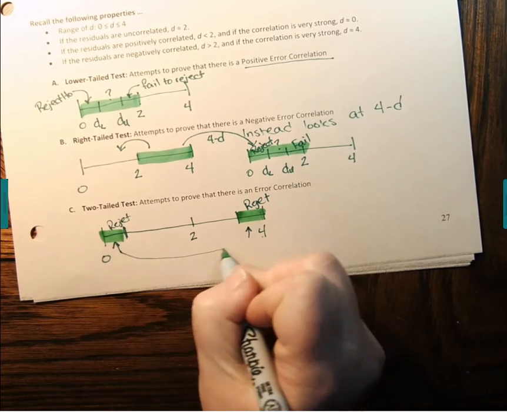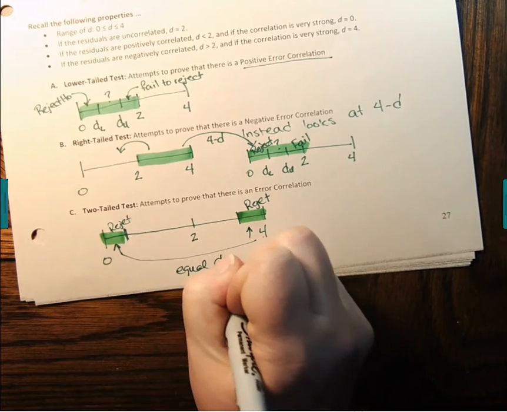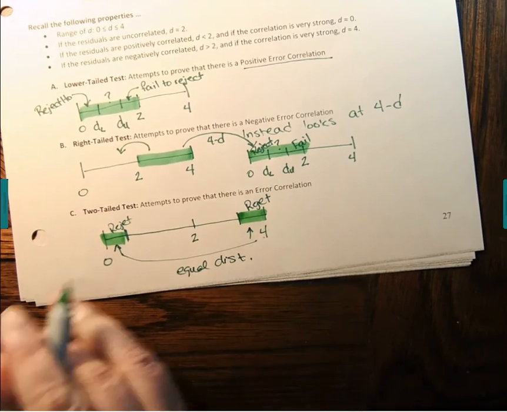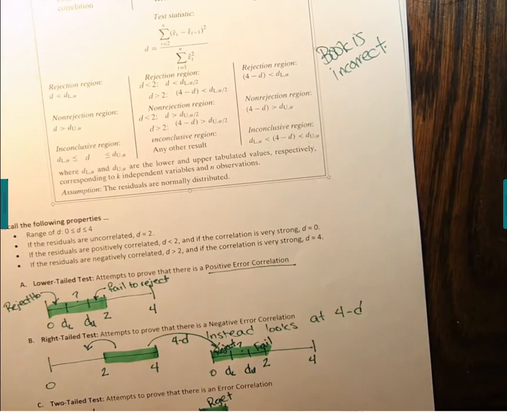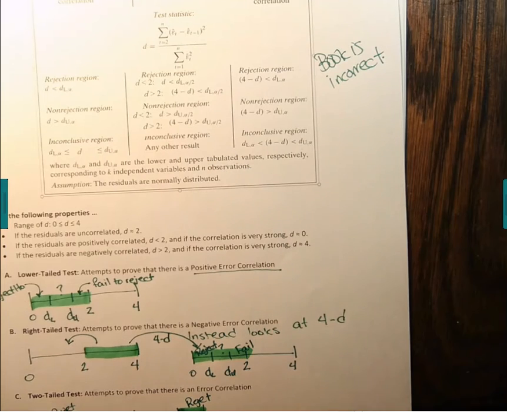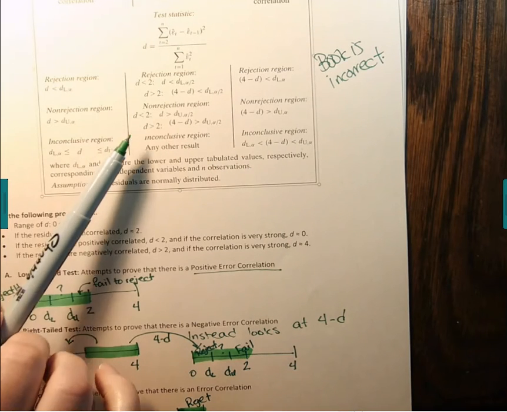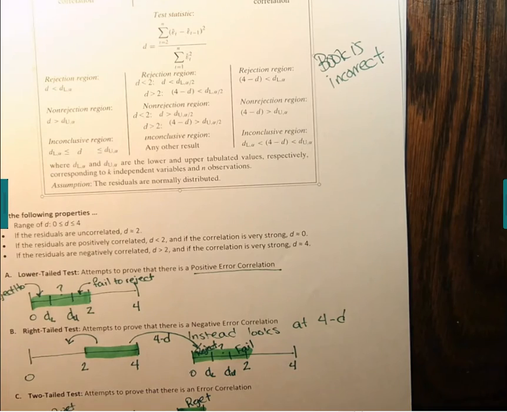And the distance of each of these regions is equal. And so this is why when we look up here, you're going to notice that the rejection region and non-rejection region are both in terms of D and 4 minus D, because we're going to do one of these for if D is less than 2 or D is greater than 2.